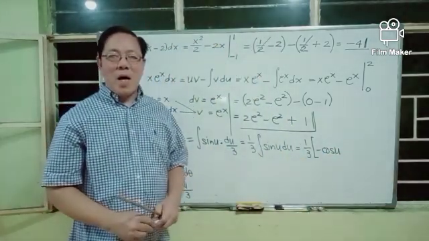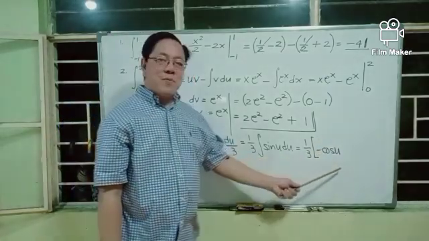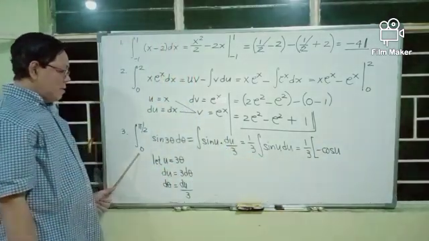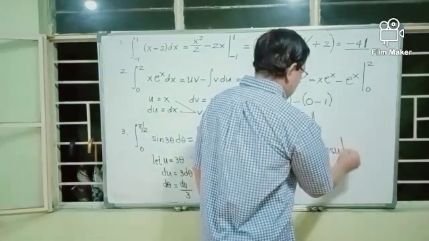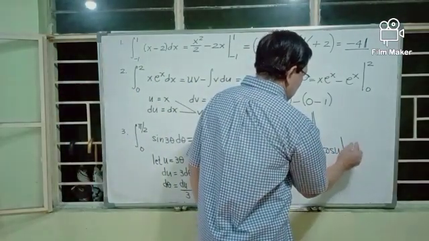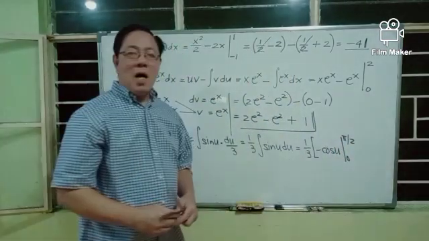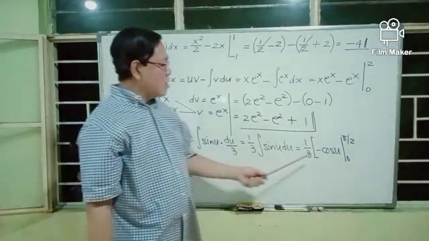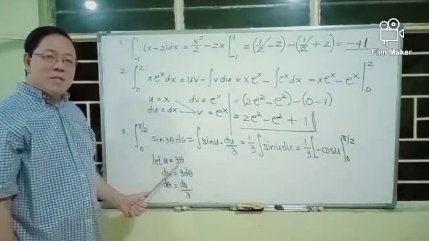Again, there is no need to add a constant of integration, and we now evaluate this from 0 to pi over 2. But before you do the evaluation, we replace u with its value. U equals 3 theta.